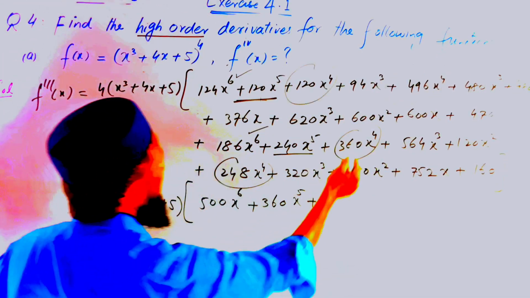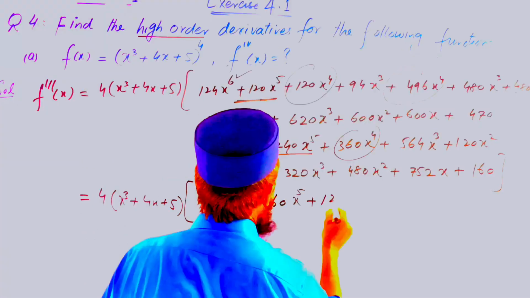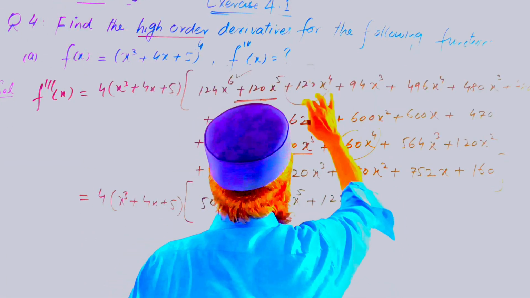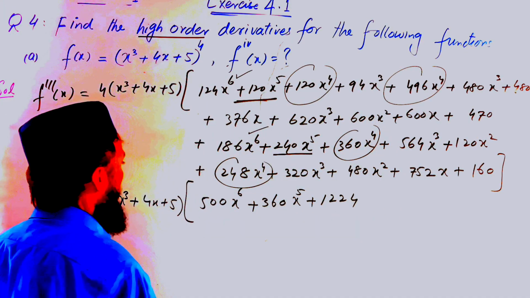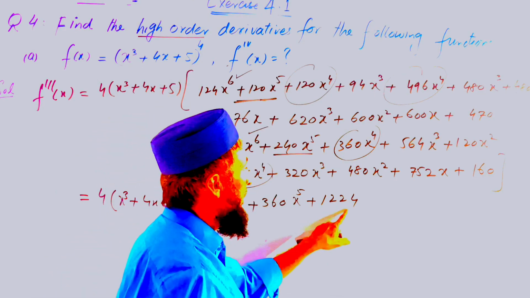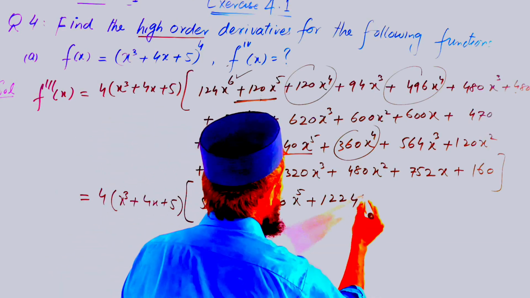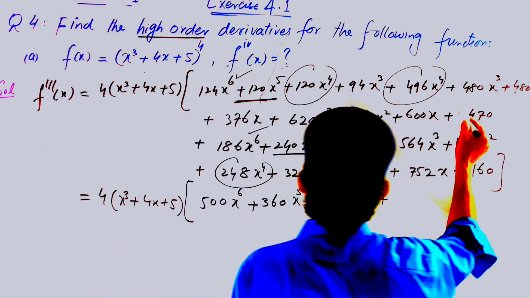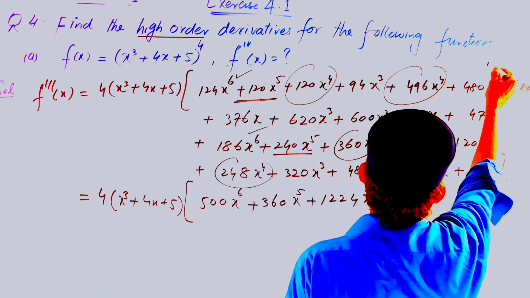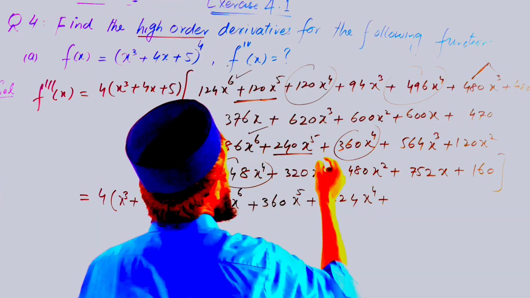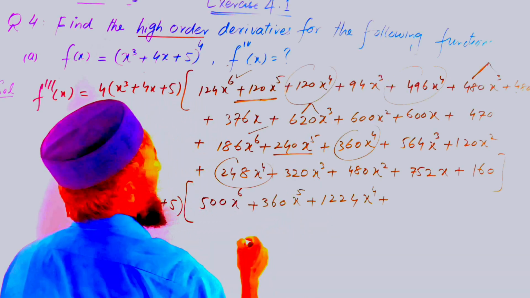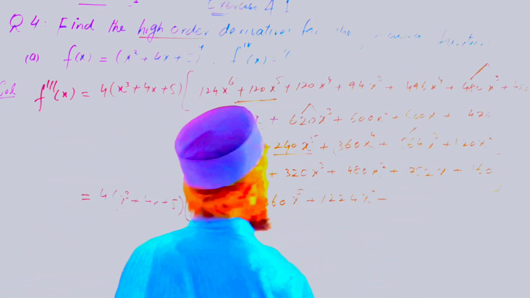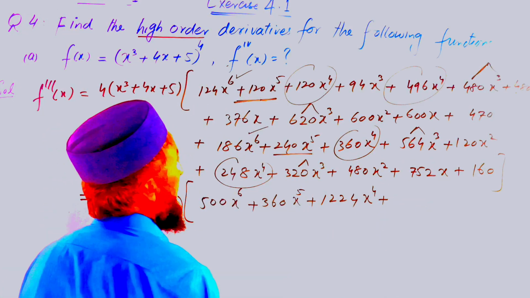We add all these four terms, 120 2 to 4, all these terms. If we add we get 1224 x power 4 plus x cube term, we search that one x cube term, that one x cube and the other x cube and the last this one.